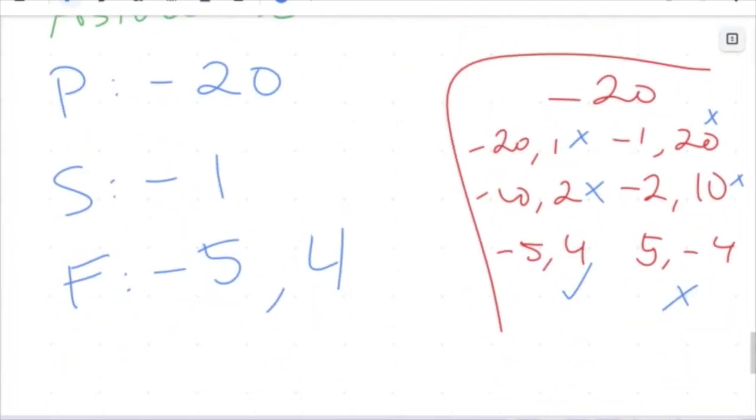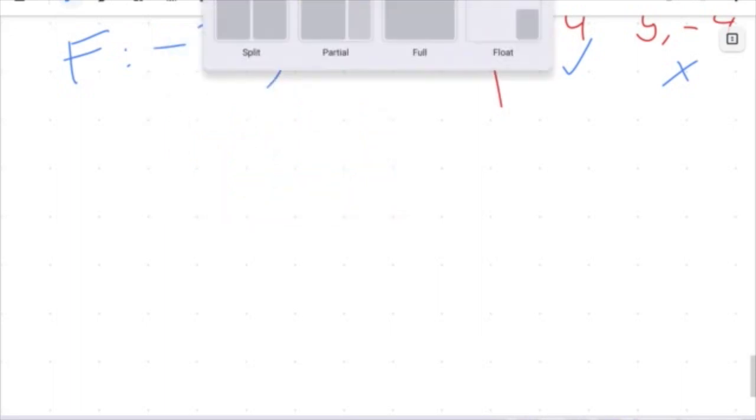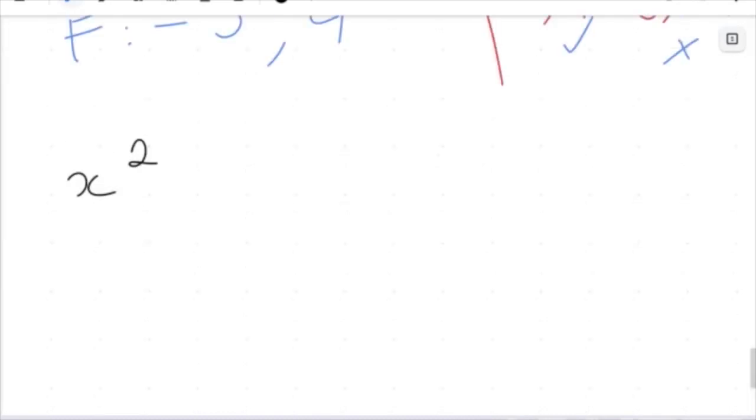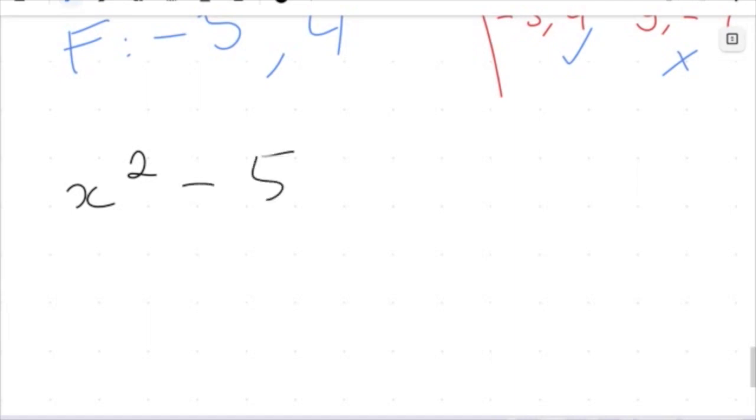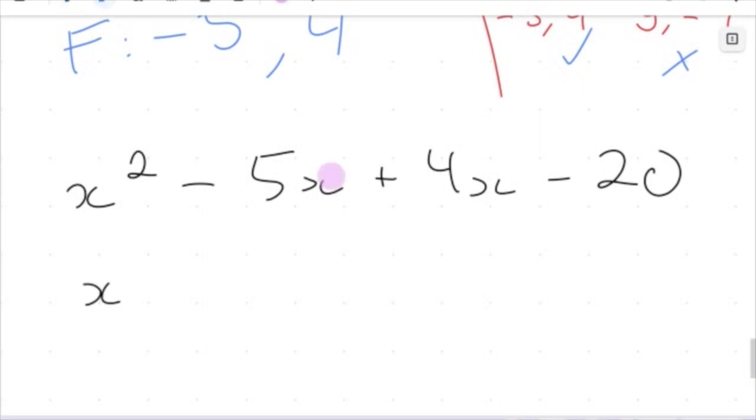Now, if I factorize this, I'll work through it a little bit quicker because I'm hoping everyone's watched the other videos. We should know how to factorize these monic trinomials by now. We'll go x squared minus 5x plus 4x minus 20. This is the common factor when we group in pairs. This is our first pair. The common factor is x. I take that out.